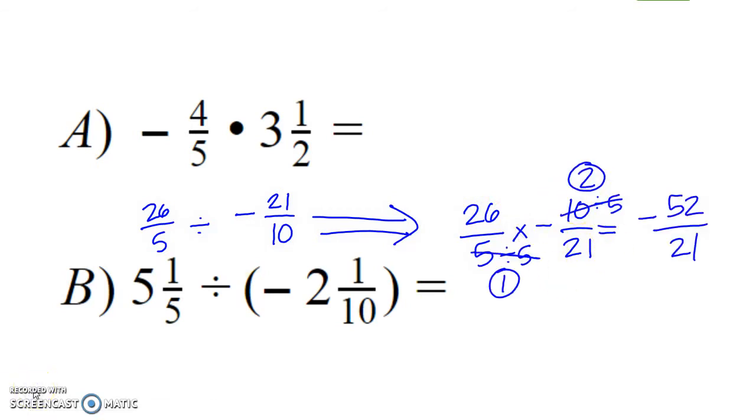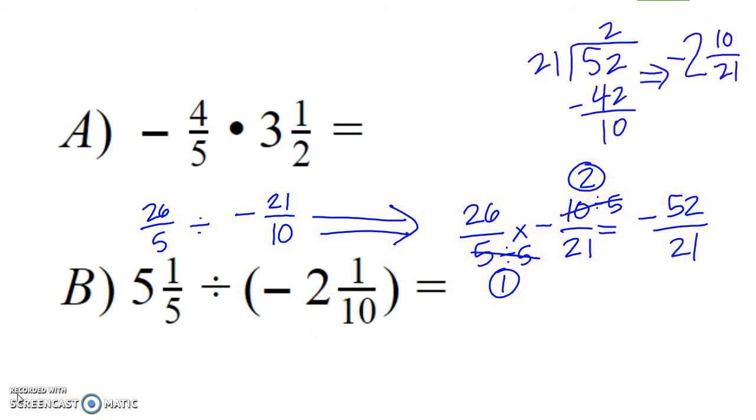Next, I look and see if I can cross cancel. I could simplify by dividing by 5 here, so I did that, and then I just multiply straight across. Last, I put it back into a mixed number. So I divide the top by the bottom, 2 and 10 over 21, and that's going to be negative since the signs were different here.